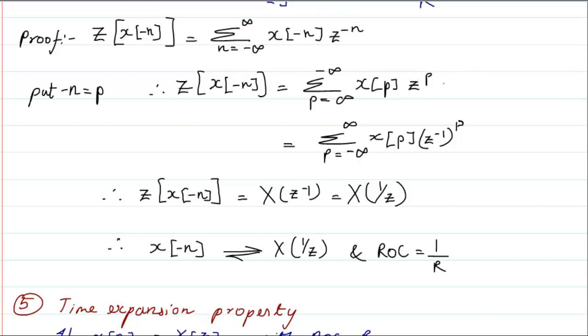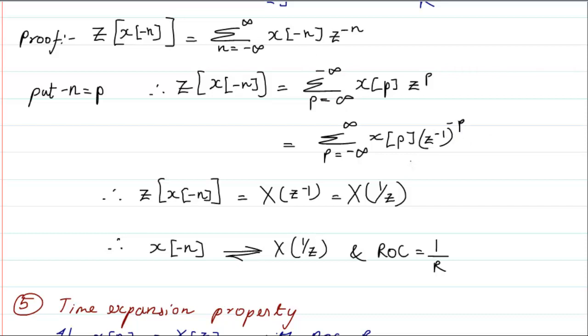So I can write this as z of minus 1 the whole raised to power minus p, and that is what I am writing here. And I have just flipped the limit, so it is minus infinity to infinity x of p, instead of z, I am having z inverse the whole raised to power minus p.